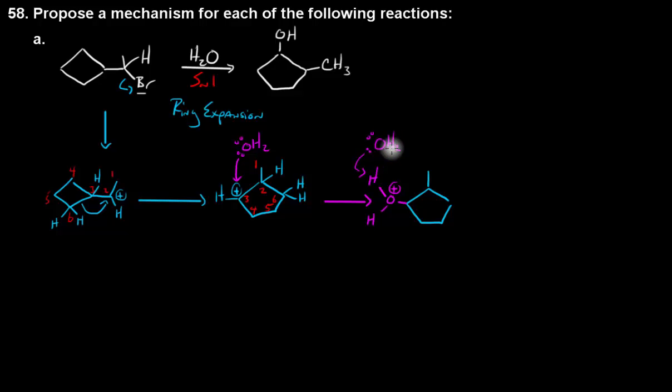So we're going to have a lot of water in this reaction, plenty of water left over to pull off a proton and give an extra lone pair to this oxygen. And as soon as we do that, we're going to finally form the final product.